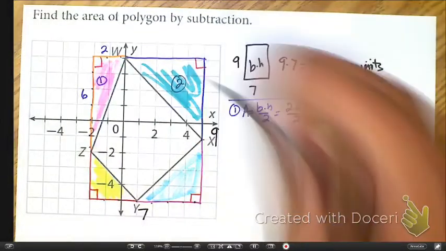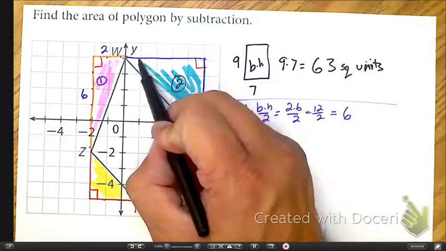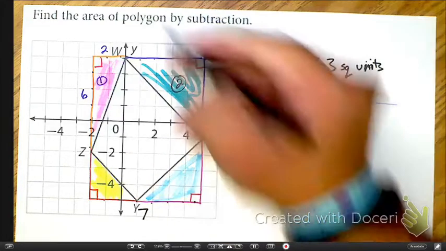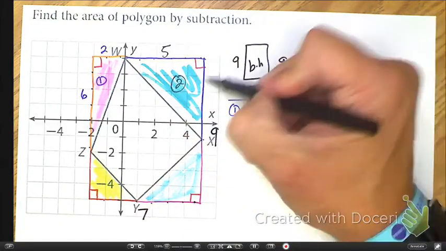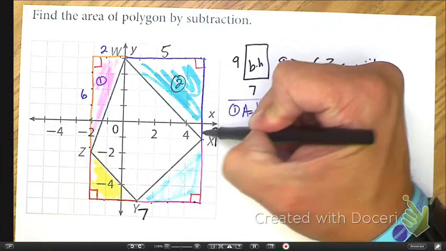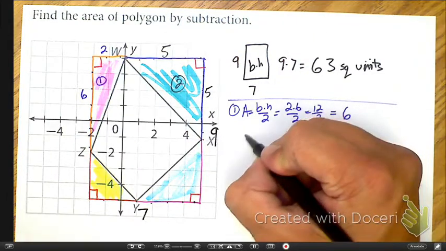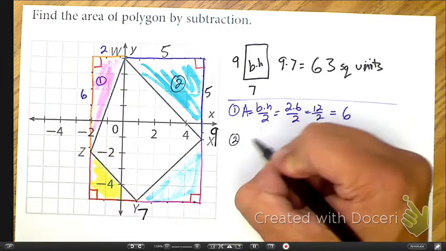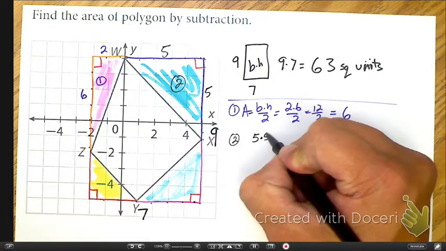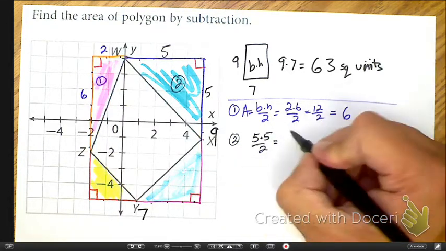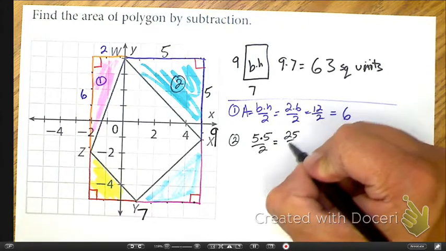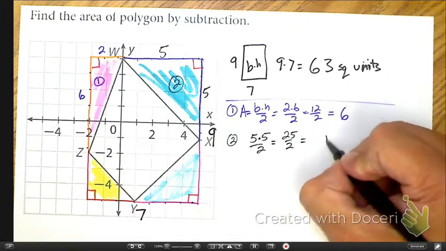Second triangle over here. 1, 2, 3, 4, 5. 5 by 5 triangle. 5 times 5 over 2. 25 over 2. 12.5.